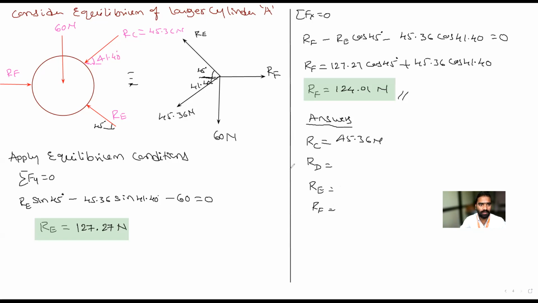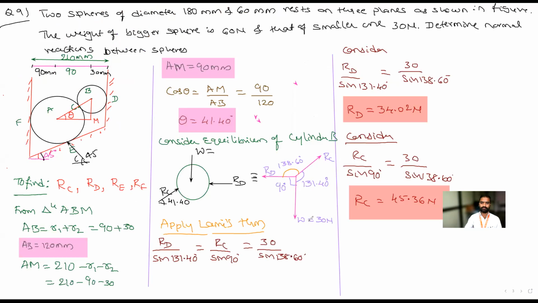Next RD, you have calculated 34.02 Newton. Then RE is 127.27 Newton. Next RF is 124.01 Newton. Okay, these are the answers. Is it clear, everyone? Yes sir. Take it down.